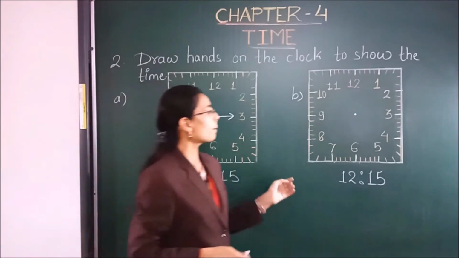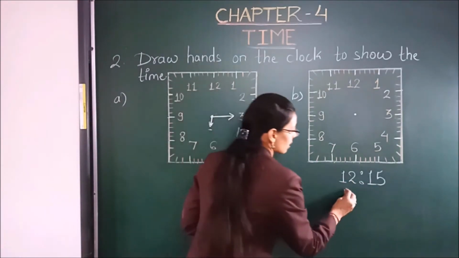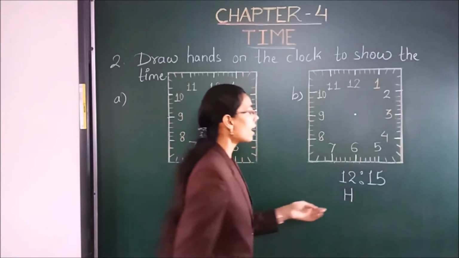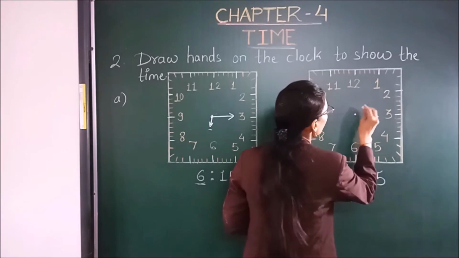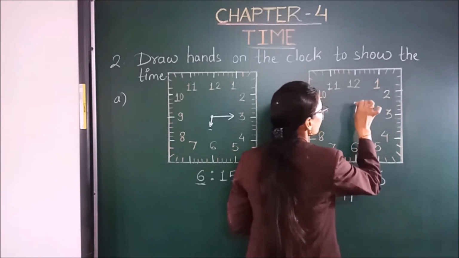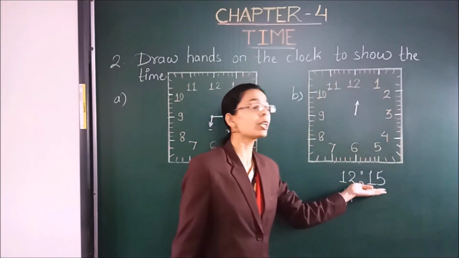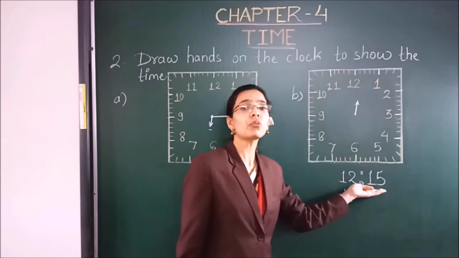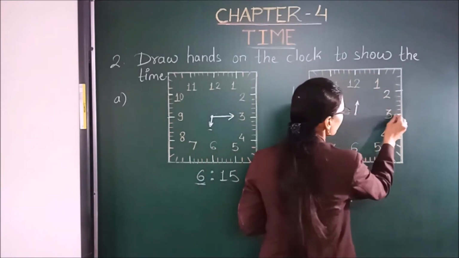Now look at here, part B. 12:15. It means the hour hand has crossed 12. So where will we draw the hour hand? Here, not exactly at 12. Then 15 minutes: where do we show 15 minutes? At 3. Where is 3?